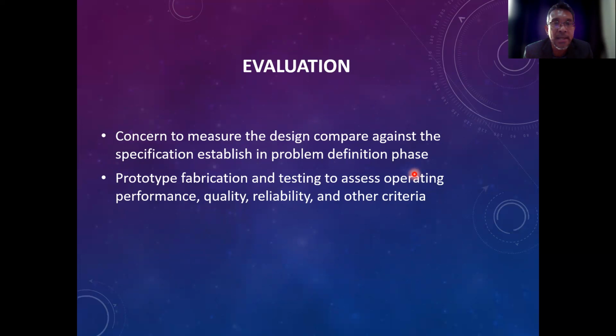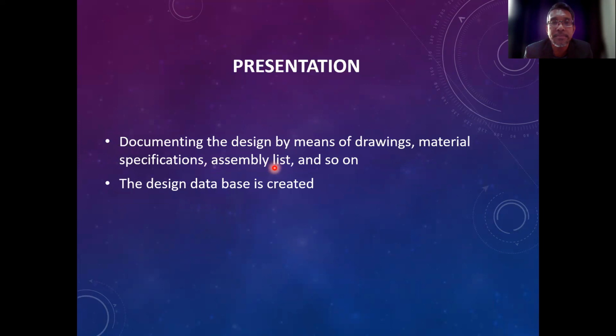So you can compare with the specification established in the earlier stage, and then you can do prototyping, fabricate a prototype or test the prototype, to evaluate the performance, quality, reliability, and to find out the measurement items. So you can measure, and you can make a comparison with the specification given. All right. And then you do a presentation.